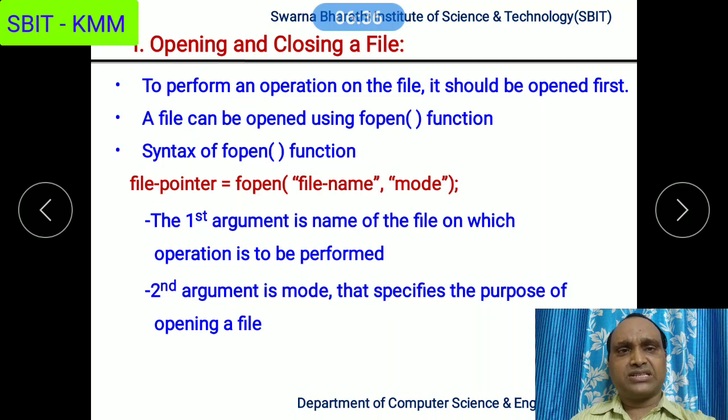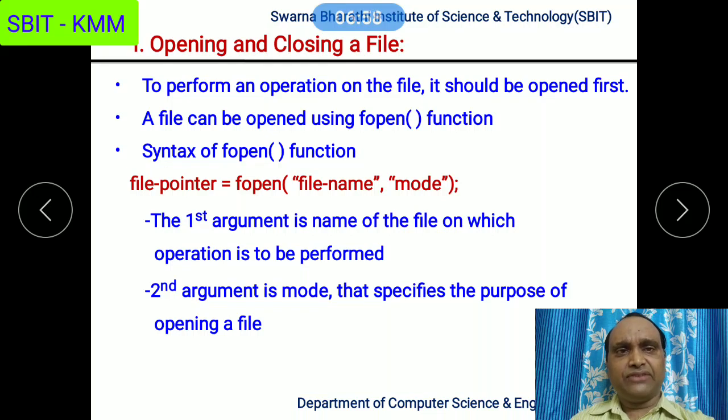Now the fopen function tries to open the specified file in the specified mode, and after opening the specified file successfully, it assigns an identifier to the file, and that identifier contains complete information about the file.